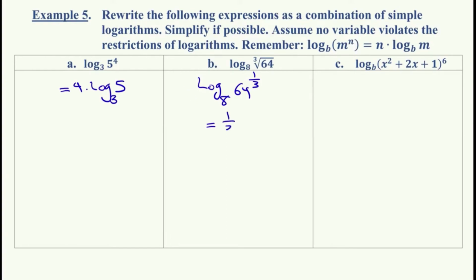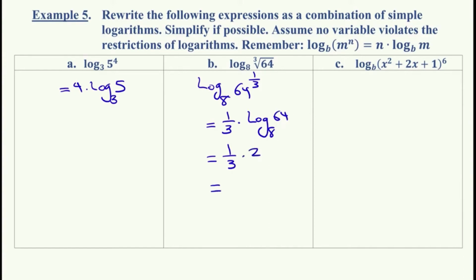So we get 1/3 times log base 8 of 64. Now we know what log base 8 of 64 is, because we know 8 to the power of 2 gives 64. So log base 8 of 64 is 2.